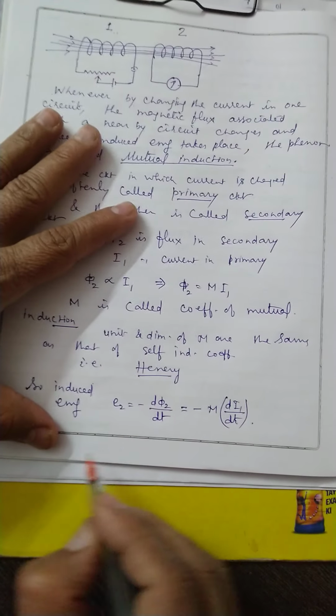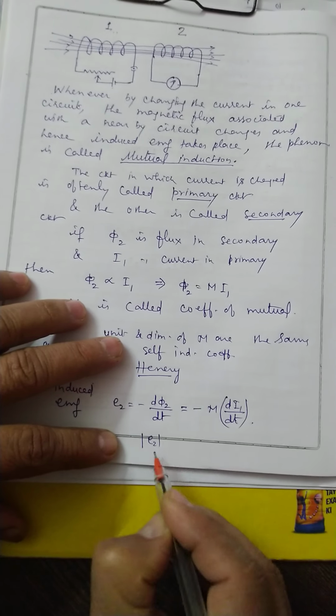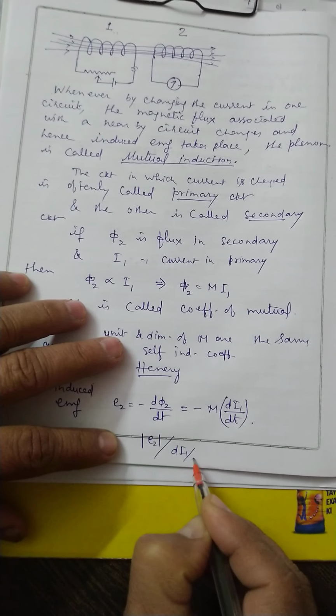And you can say M equals mod of E2 divided by dI1 upon dt.